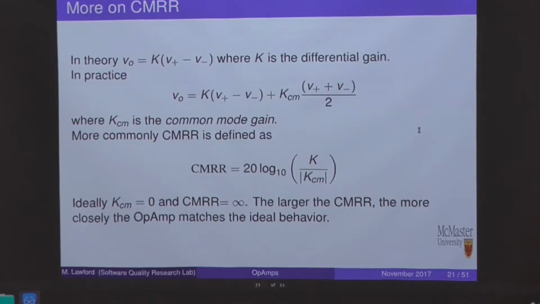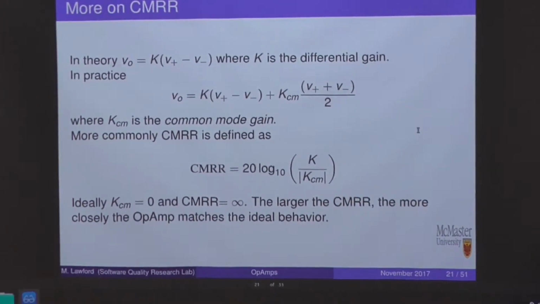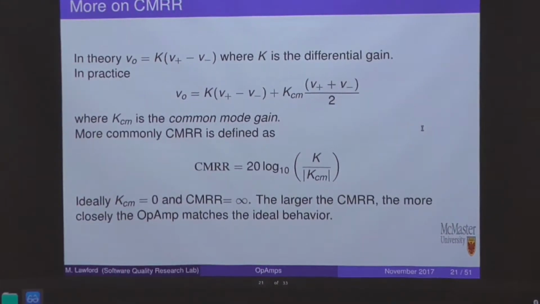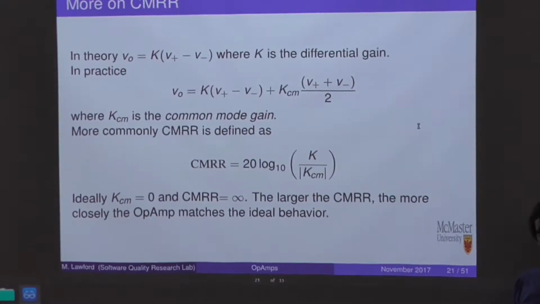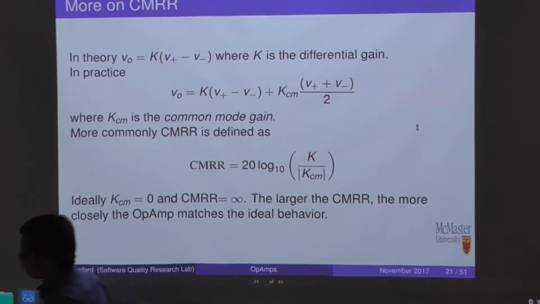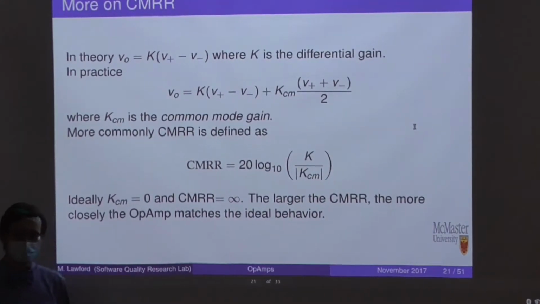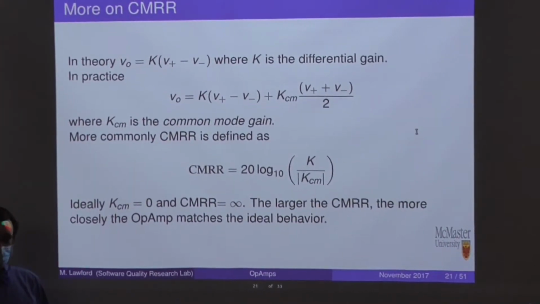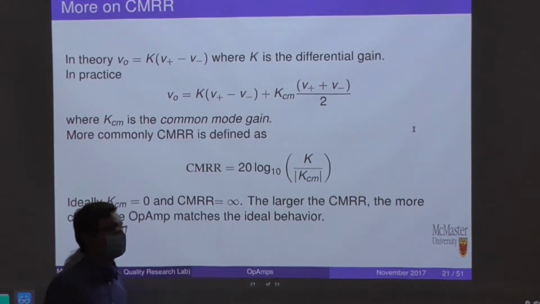It's a kind of gain that's always there, as opposed to gain which is proportional to the inputs. So one metric of note with respect to operational amplifiers is the common mode rejection ratio. This is the proportion of the common mode gain as opposed to the regular and normal gain of the amplifier.